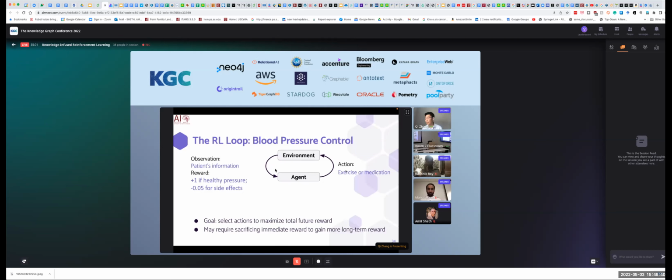For the conversational agent, the agent will be the conversational agent we're developing. The environment is the chatbot scenario where the chatbot is talking with some user. So the observation will be the user utterance. Every round of conversation, the agent will observe some utterance from the user. The reward will correspond to how well the task is completed.